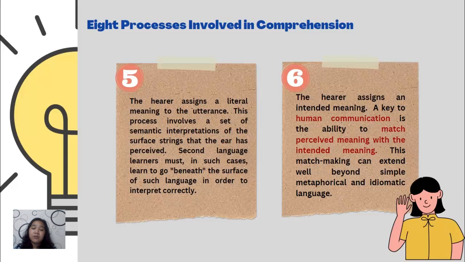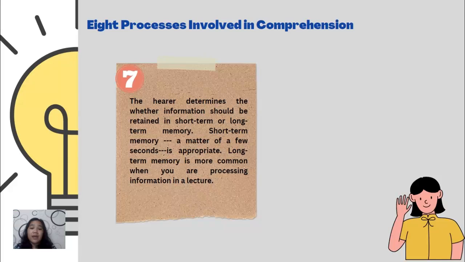So this matchmaking can extend well beyond simple metaphorical and idiomatic language. If your perceived meaning and the intended meaning of the message match, further discussion will happen in a conversation.